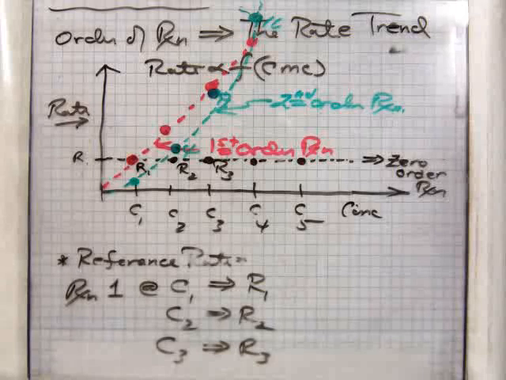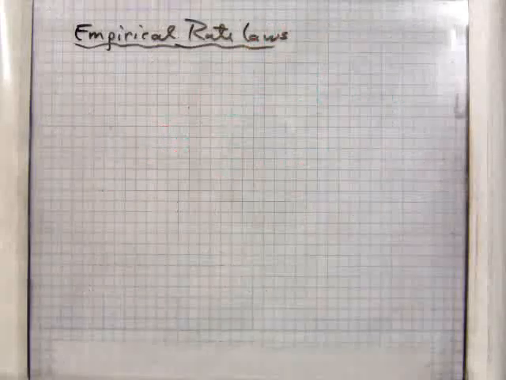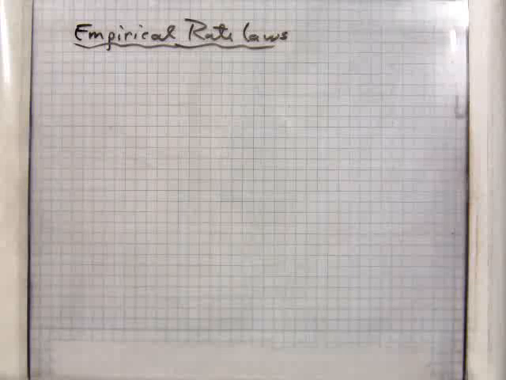Well, how do you use those in putting together this rate law we're talking about? Now, you have to construct what we call an empirical rate law from the given reaction.